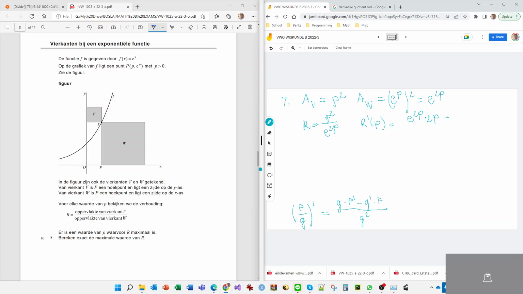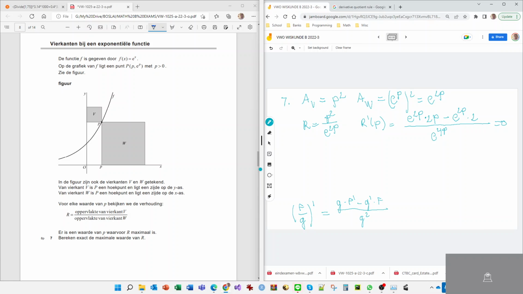This is then e to the power 2p times the derivative of the function in here, which in this case is simply 2. Alright, that's not too bad. And then here we get the square of g, which is e to the power 4p. This has to be 0.